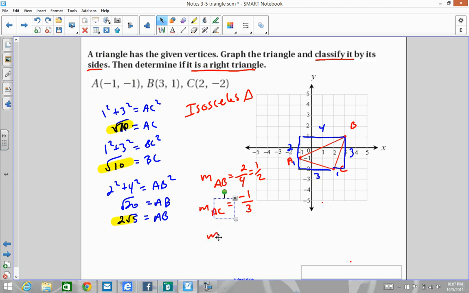The slope of BC equals 3 up, 1 to the left. Looks like this one and this one are opposite reciprocals of each other. So since they are opposite reciprocals of each other, I can say this is a right triangle. So it is a right isosceles triangle.